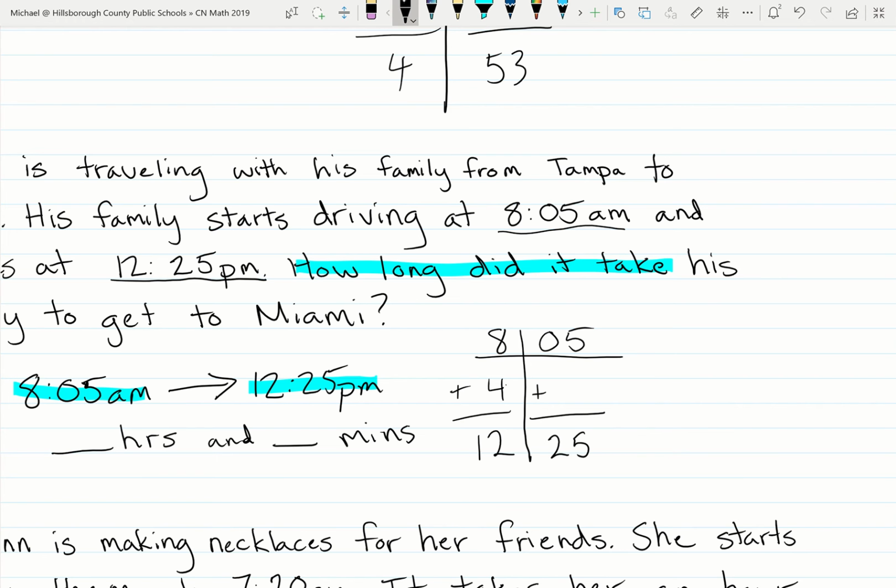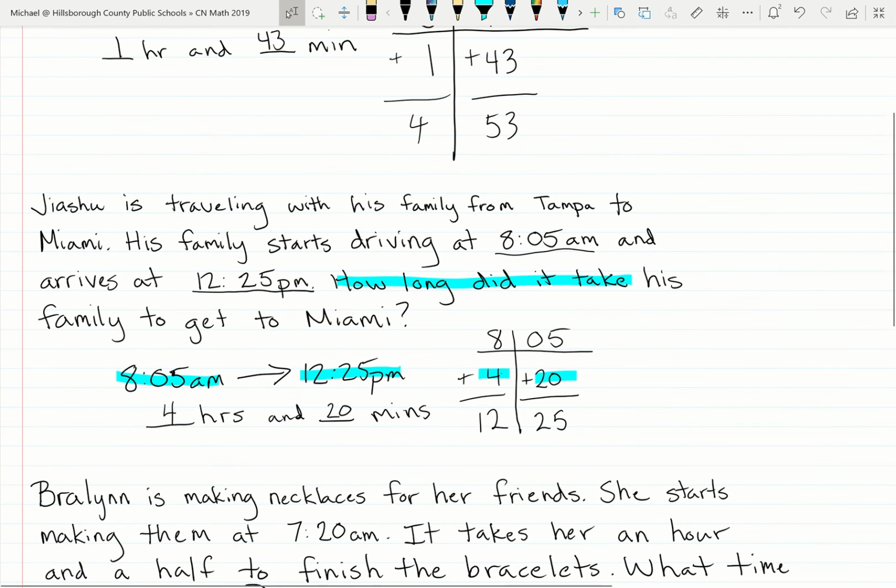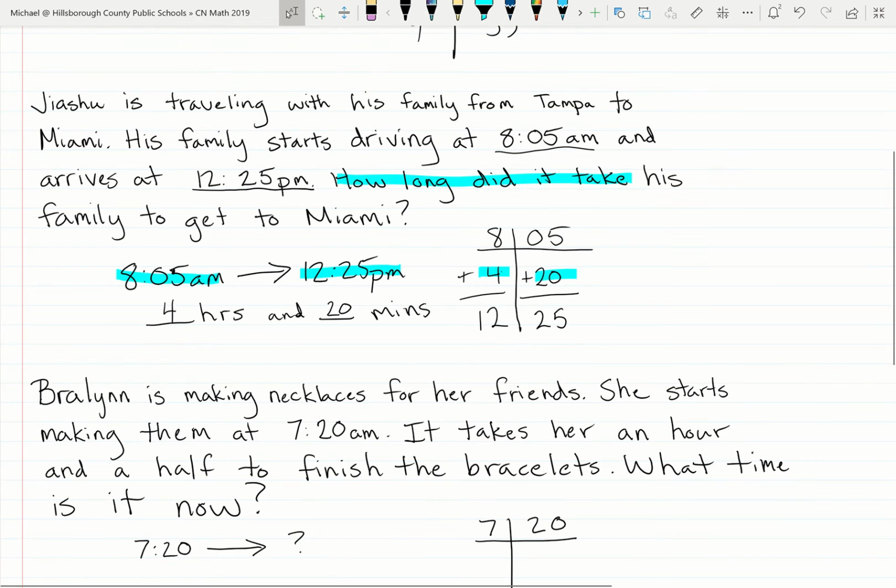If you're going from 5 to 25, you're just going to add 20. So right there you have your elapsed time of 4 hours and 20 minutes is how long it took him to get from Tampa to Miami. Now, I don't know if that's really the actual time, but it's pretty close.